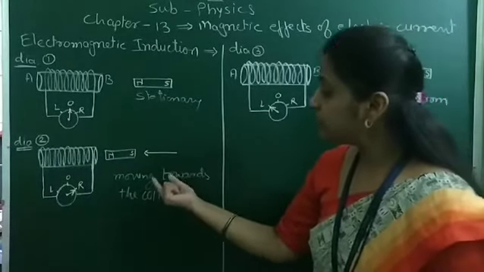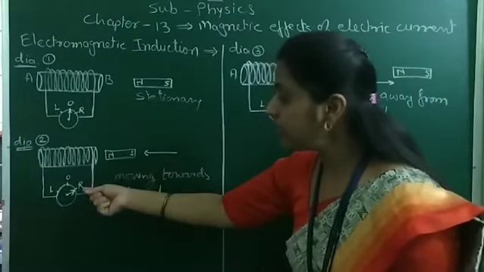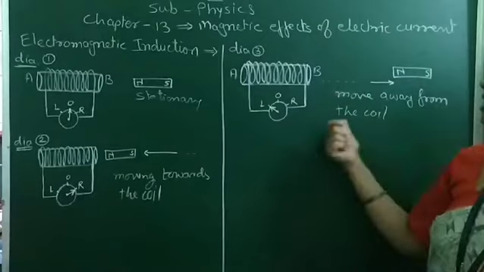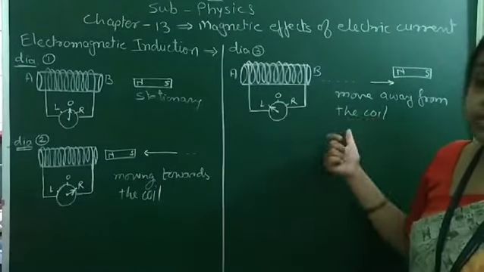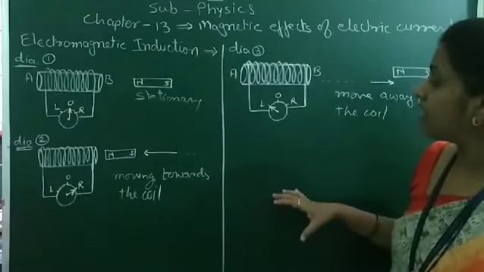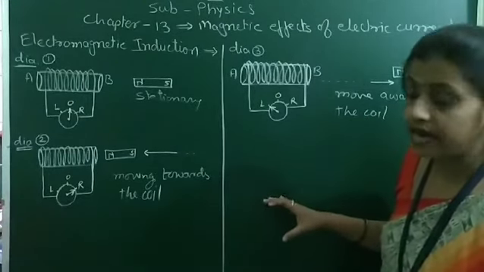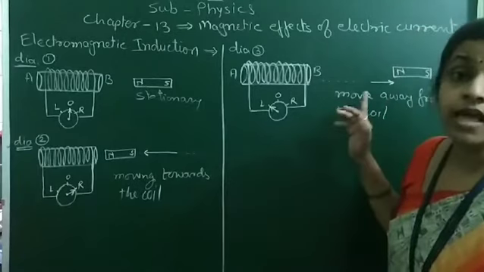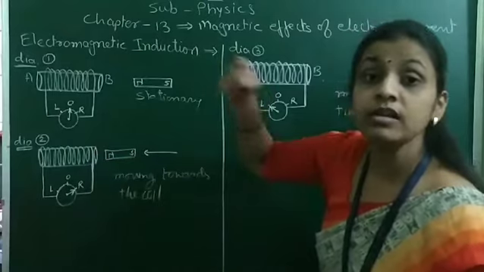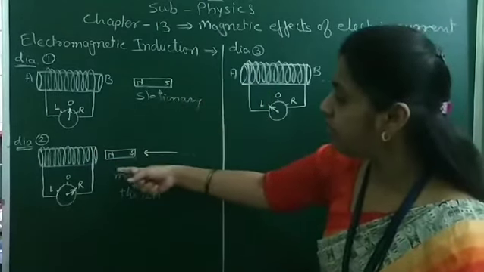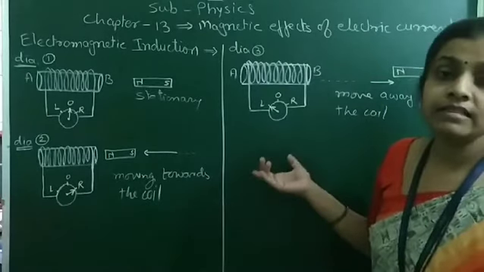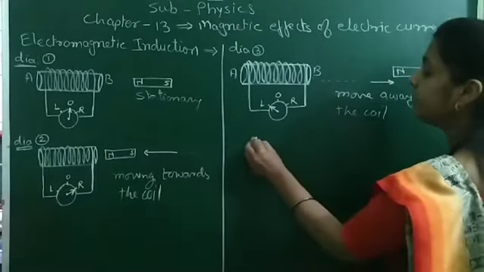But whenever the bar magnet moves towards the coil, it shows right deflection, and when it moves away from the coil, it shows left deflection. It means that in both cases the current flows. So Faraday came to the conclusion that whenever there is a relative motion between the bar magnet and the coil, with a large number of turns, then current flows through the circuit, and that current is called induced current.